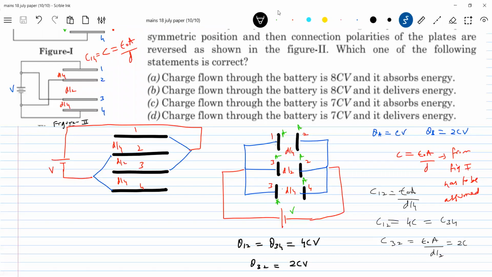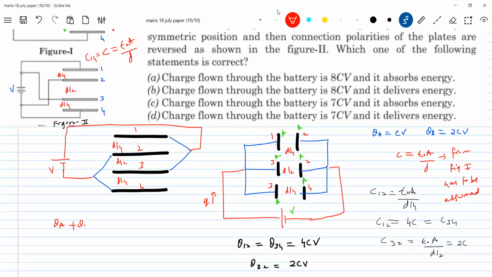So now if you look at the Q12 charge, here how much of charge was there? 4 CV, 4 CV and 2 CV. So total how much it was? 10 CV. But earlier how much charge was there? QA plus QB. So some charge entered here, no? So what is the equation I'm going to write?